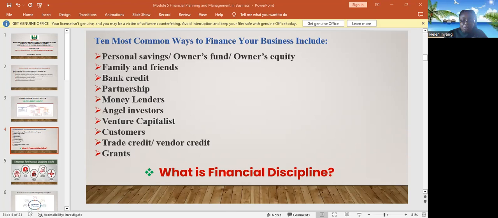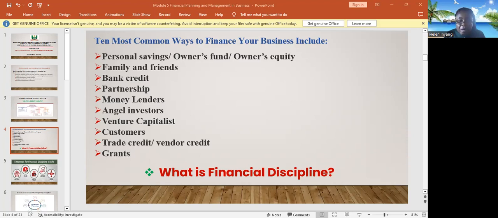Your customer can help you finance, or partially finance, the business by making advance payments. They will give you advance payment, or some of them, if you have a good reputation with them, will give you all the money it takes to carry out the business.